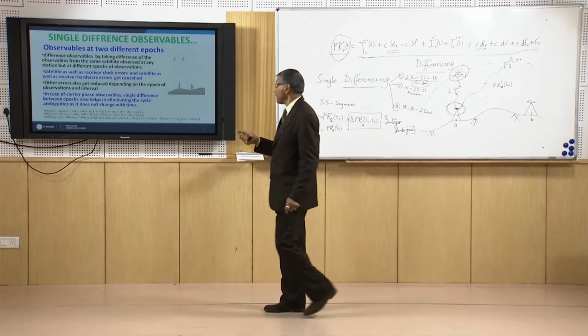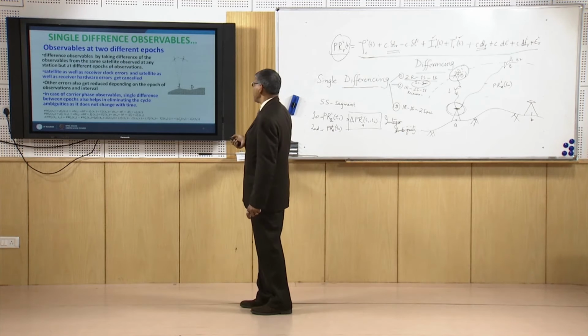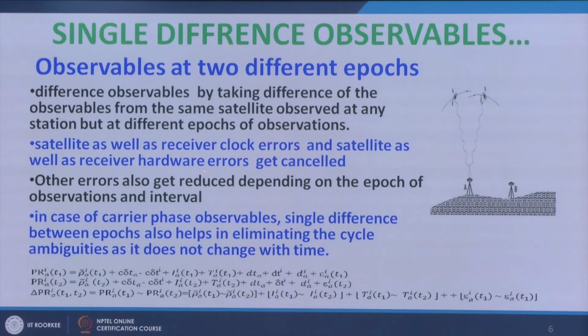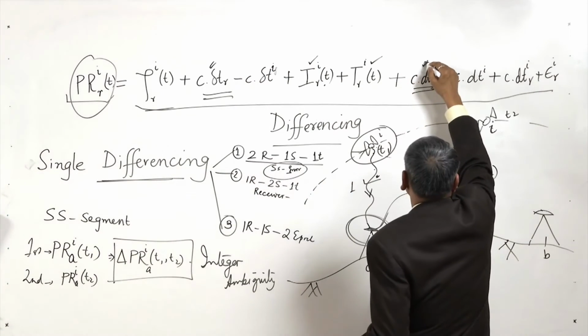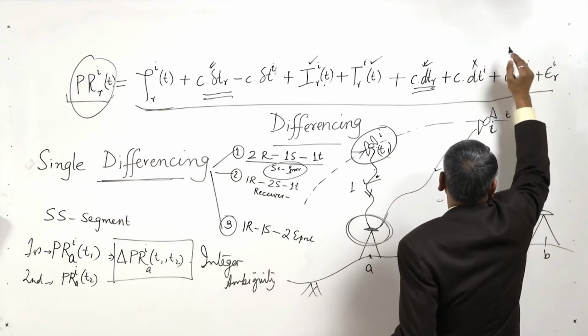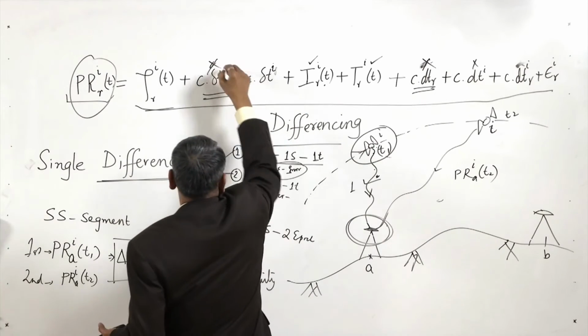Here it is written: difference observables are formed by taking the difference of the observable from the same satellite observed at a station, as shown here, but at different epochs of observation T1 and T2. Because it is coming from the same satellite to the same receiver, the satellite and receiver clock errors and the satellite and receiver hardware errors get cancelled.